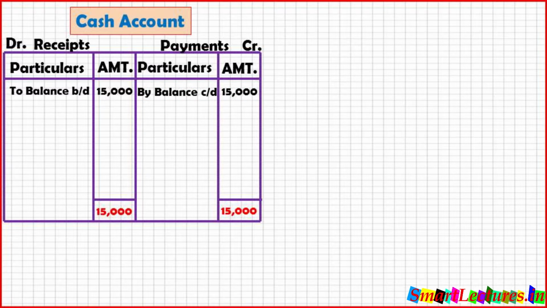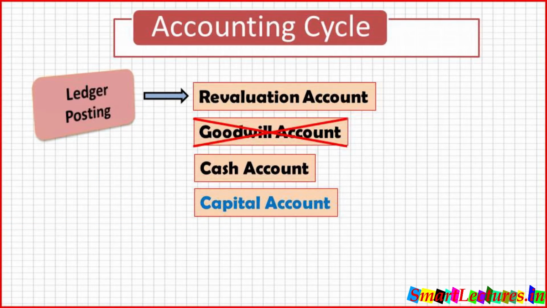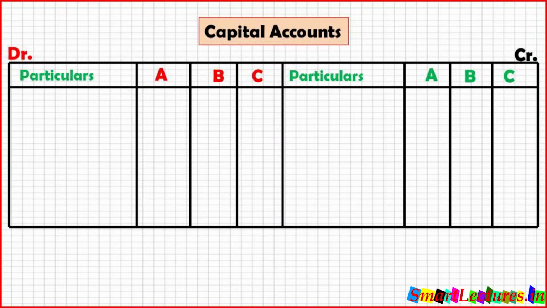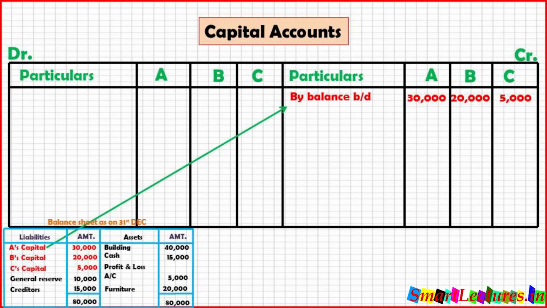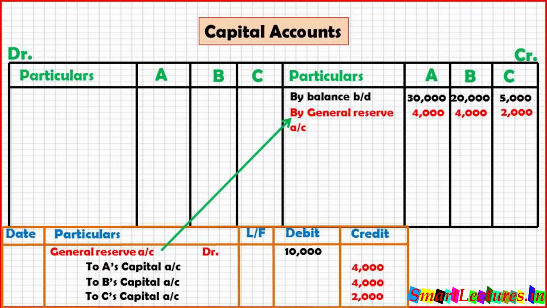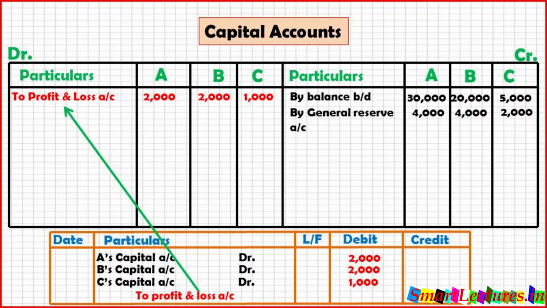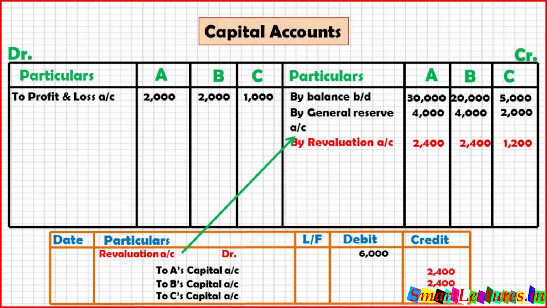Now, this is the turn of the capital accounts. So, 3 columns on the debit side and 3 columns on the credit side. By balance BD 30,000, 20,000, 5,000. By general reserve 4,000, 4,000, 2,000. To profit and loss account 2,000, 2,000, 1,000. By revaluation 2,400, 2,400, 1,200.